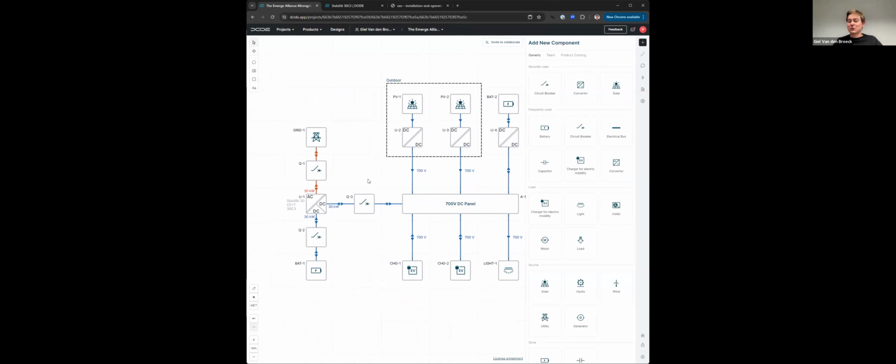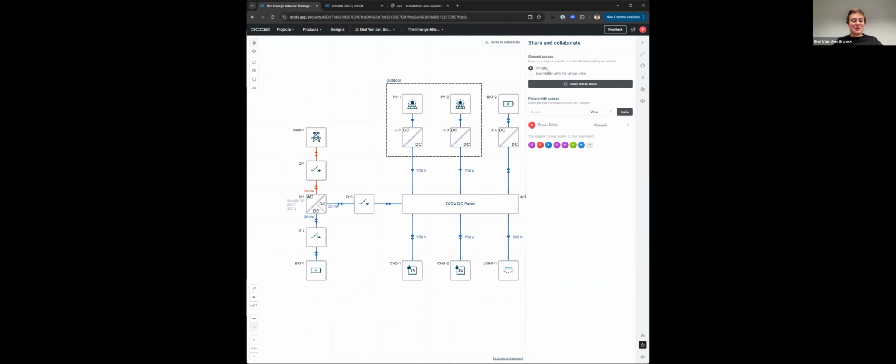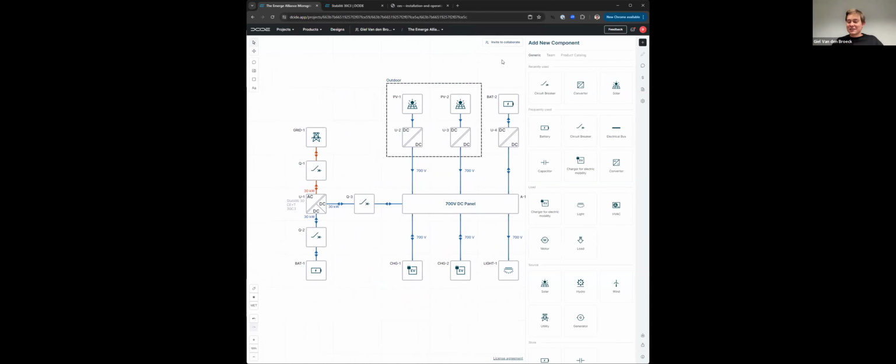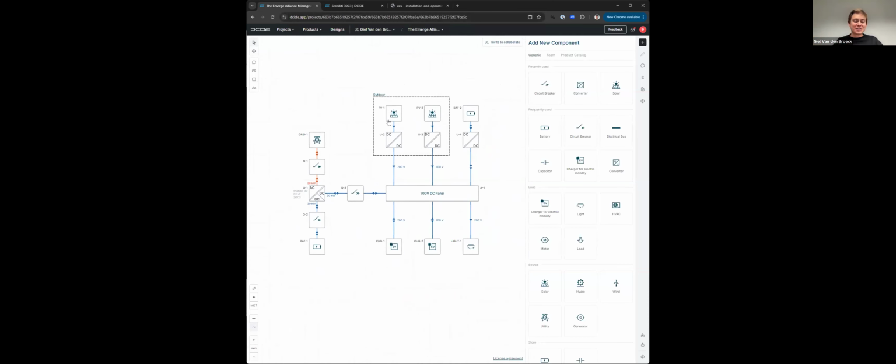Somebody takes a picture of that. It gets sent over WhatsApp or by email to somebody else. That somebody else then converts it into a PowerPoint slide. Then somebody else comes in and starts adding more equipment, like, okay, we need protection devices, we need controls. And time and time again, you redraw the same system you started with.